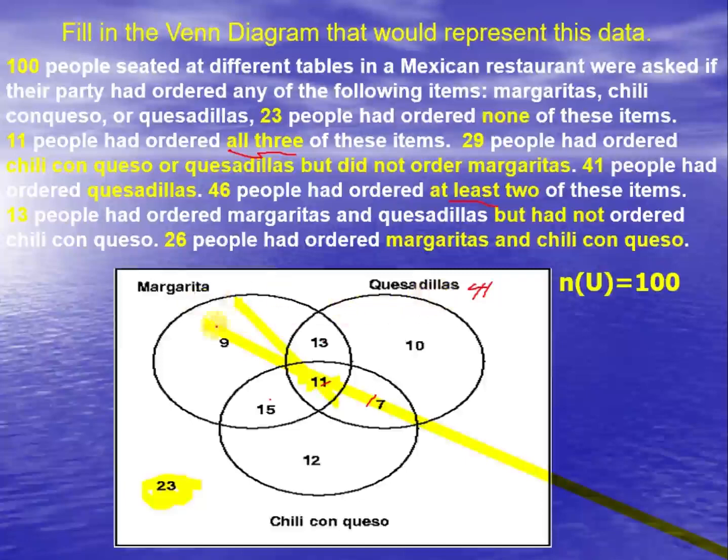So it means they are talking about this circle and this circle. Now, how many ordered for it? It said 13 ordered for margaritas and quesadillas, but not chili. So you take chili out of the storyline. So this place is not part. So it means the 13 is coming to only margaritas and what? Quesadillas. This portion.